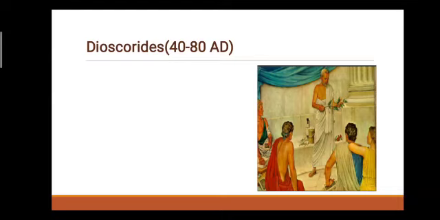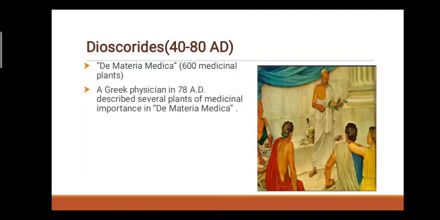Dioscorides, 14 to 80 AD. De Materia Medica, 600 medicinal plants. A Greek physician in 78 AD described several plants of medicinal importance in De Materia Medica.